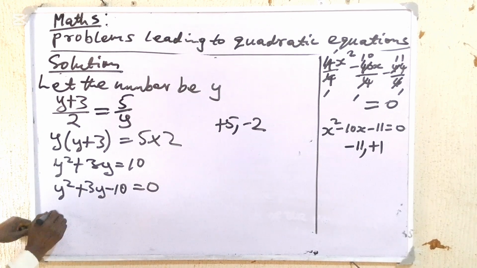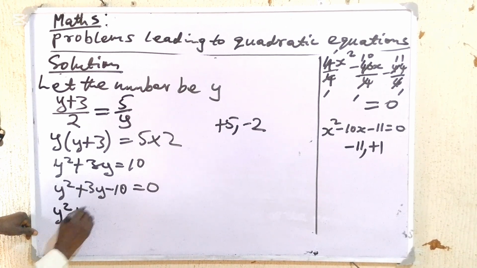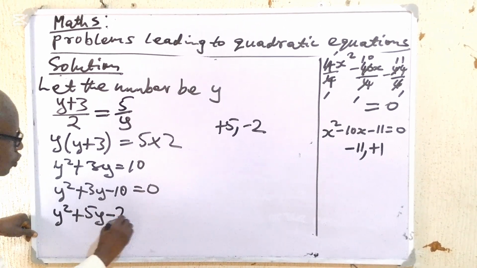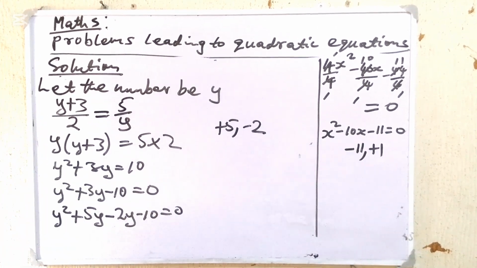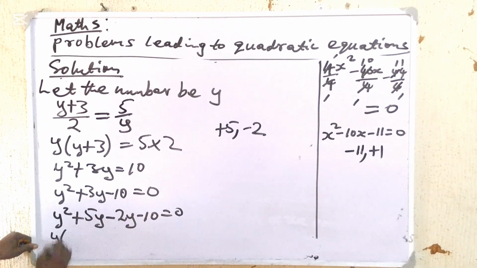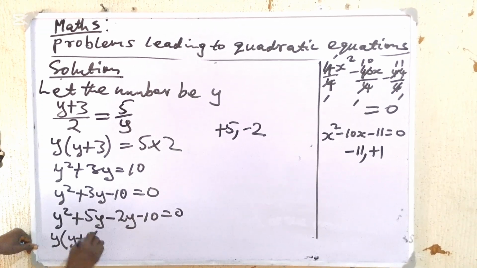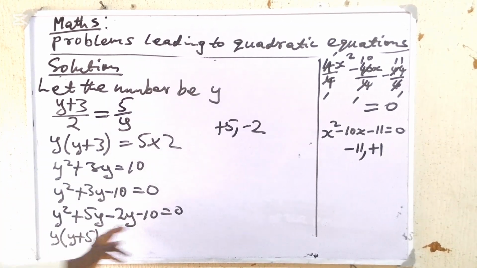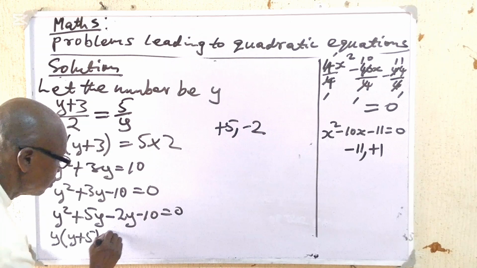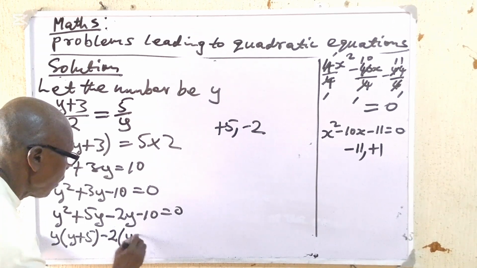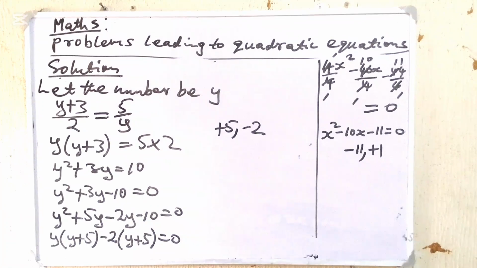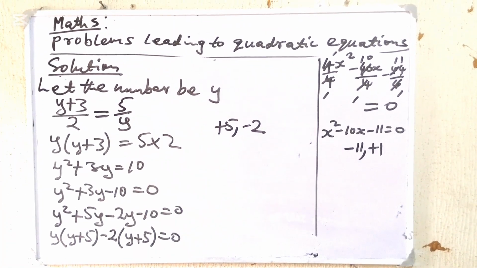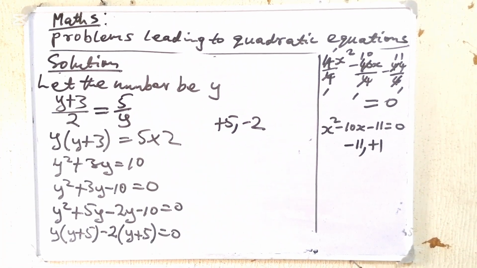So breaking it down, we have y squared plus 5y minus 2y minus 10 equal to 0. And that brings us to y into y plus 5 minus, what is common here is 2 bracket y plus 5 equal to 0.